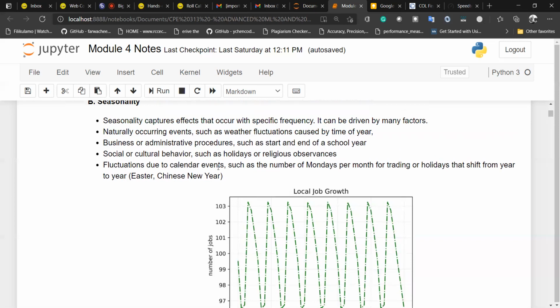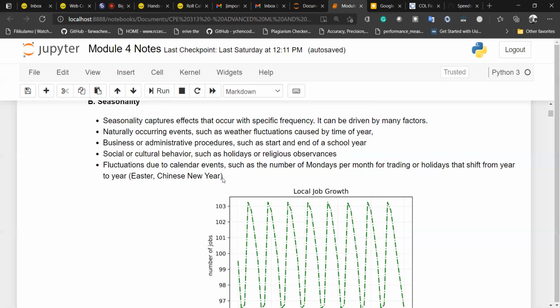So seasonality also is caused by, for example, holidays or religious observances, no. Like for example, when we are looking at electricity consumption, for example, no. So you will see that there's a lot of seasonality in terms of electricity consumption during the holiday.